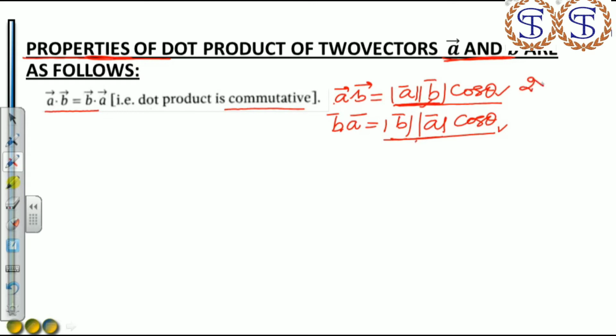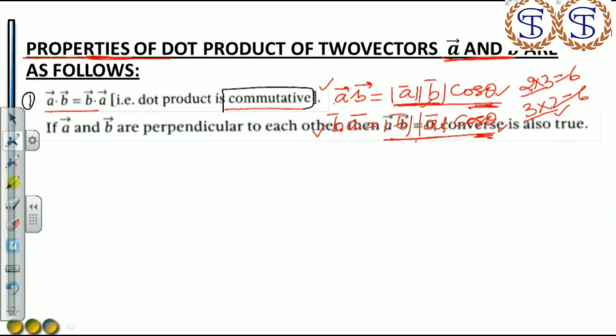Suppose we multiply 2 by 3, we will get 6. And if we multiply 3 by 2, then again we will get 6. It means a product is always commutative. In a similar way, A dot B and B dot A are both the same. That's why we can say that the dot product is commutative. This is the first property of the dot product.